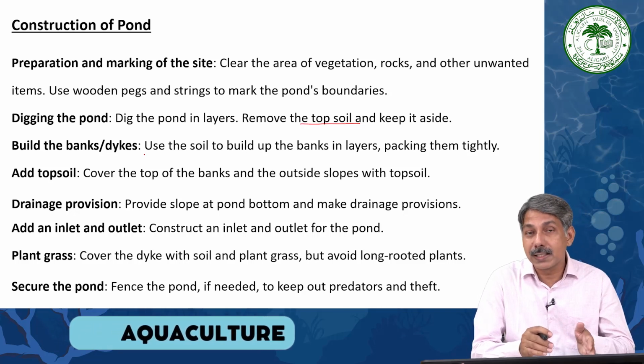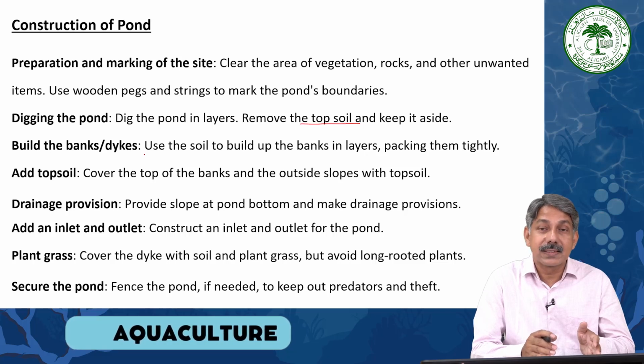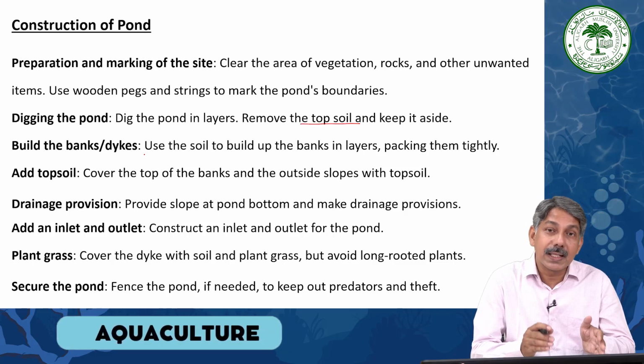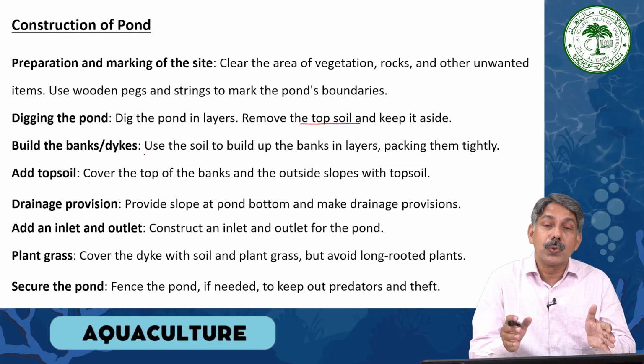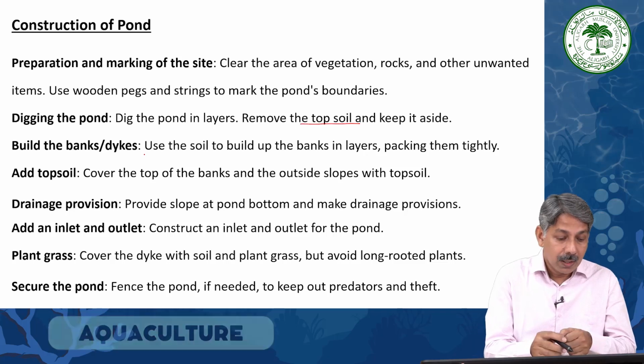Compaction is very important in case of the earth compaction. The soil compaction for the dikes is very necessary in order to make them strong enough to hold the water.